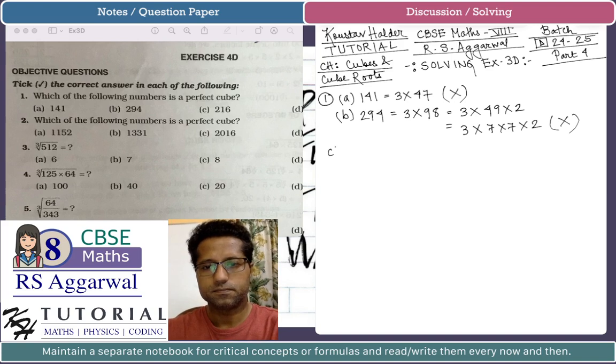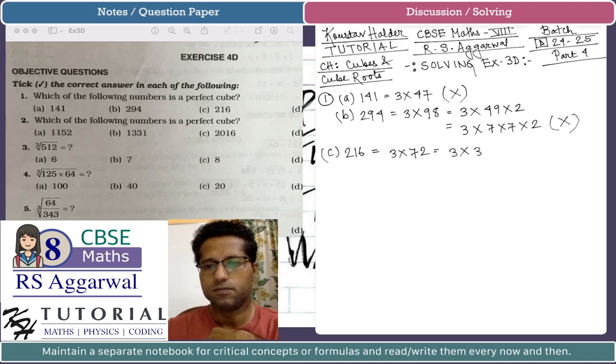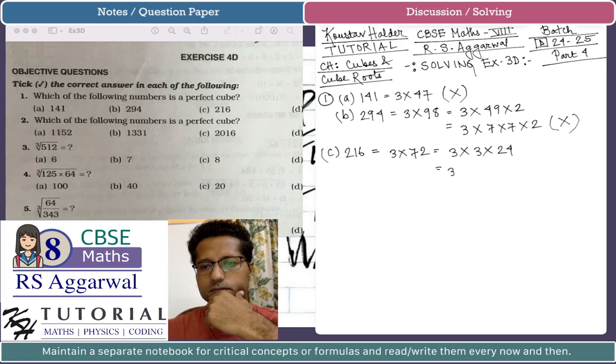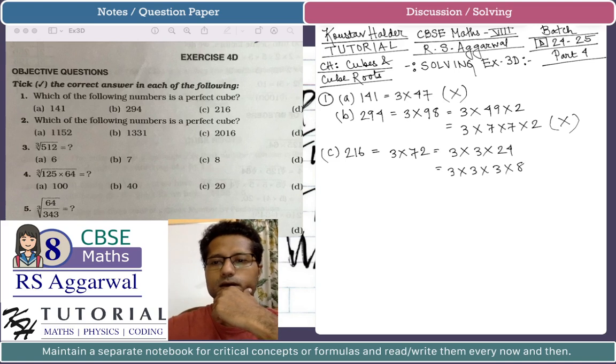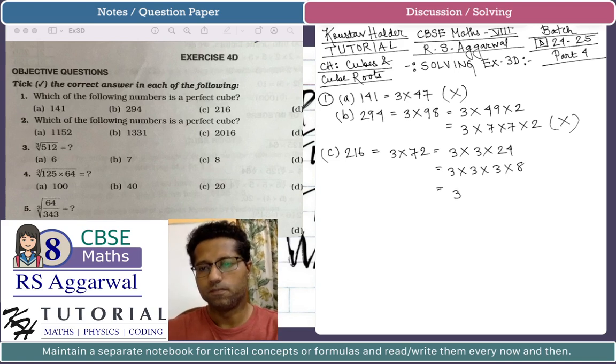C, 216. Let's divide, it will divide by 3. So 3 multiplied by 72, this is equal to 3 multiplied by 3 multiplied by 24. This is equal to 3 multiplied by 3 multiplied by 3 multiplied by 8, and we know that this is 3 cube multiplied by 8, which is 2 cube.